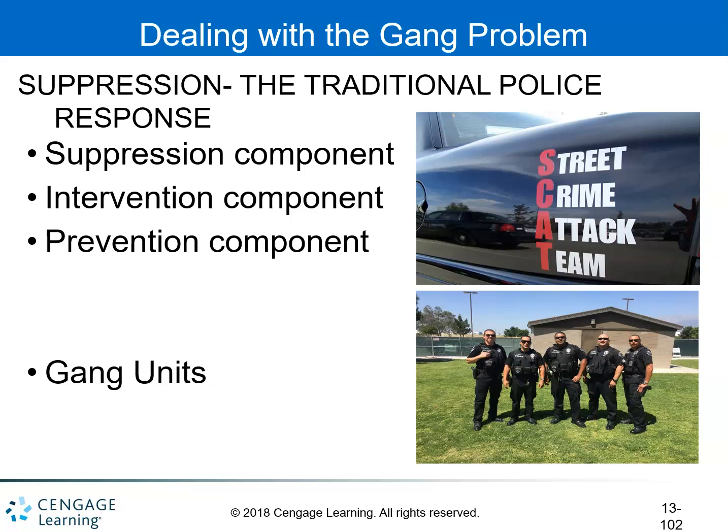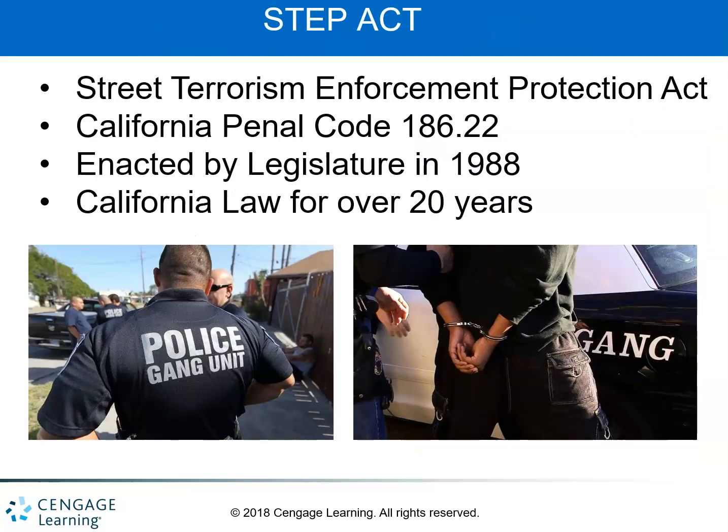To combat the gang problem, departments are coming up with, and they all have now, full service gang units. And they use those components of prevention, suppression, and intervention. So that's kind of what a gang unit looks like. But again, it's there to be specifically trained on how to deal with all these different types of things.